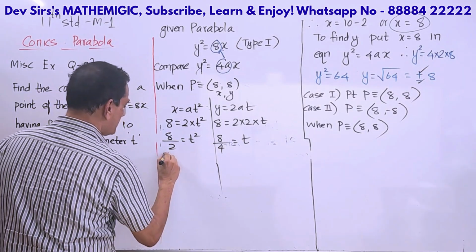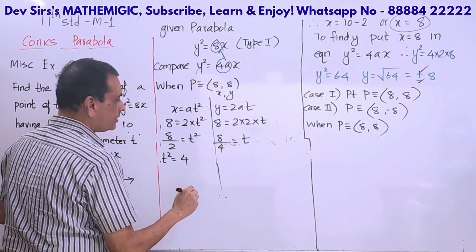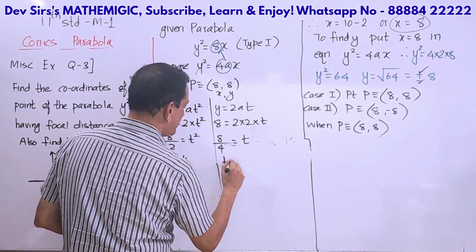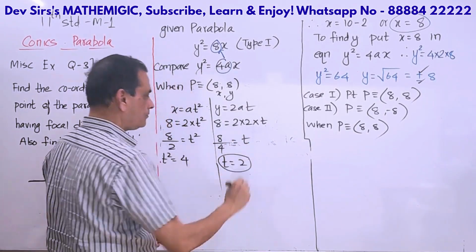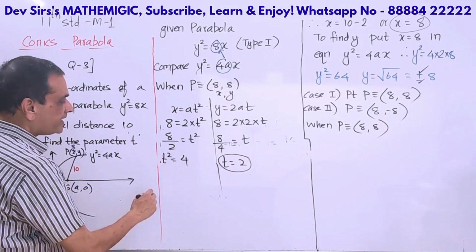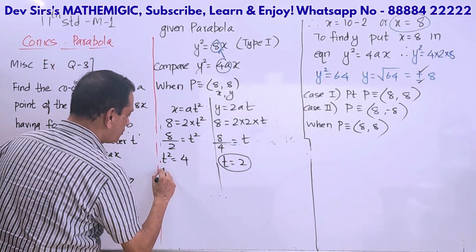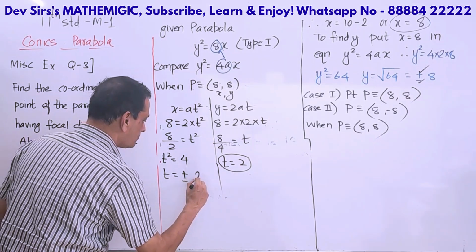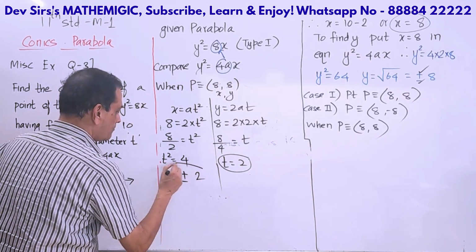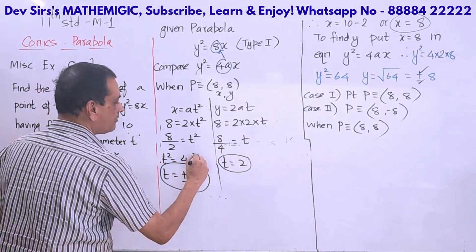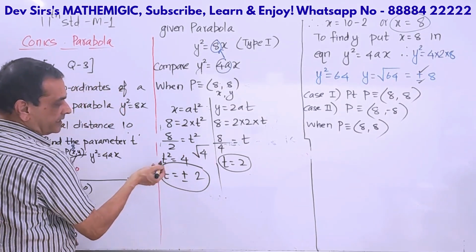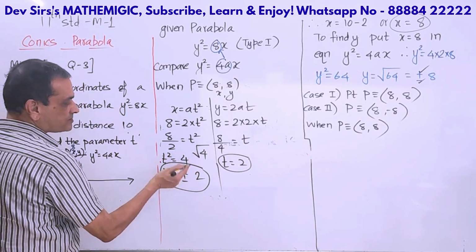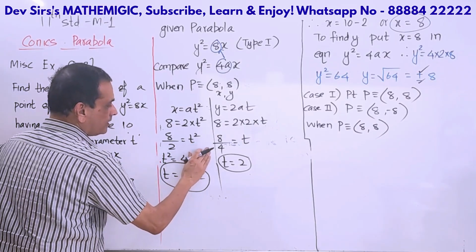So t squared equal to 4. Here we get t equal to 2. Now t squared equal to 4 means t is equal to plus minus 2. Square root of 4, look, t is equal to square root of 4, that is plus minus 2.